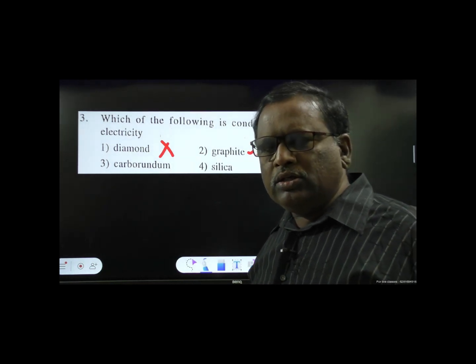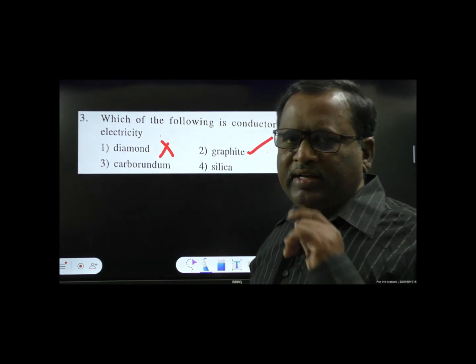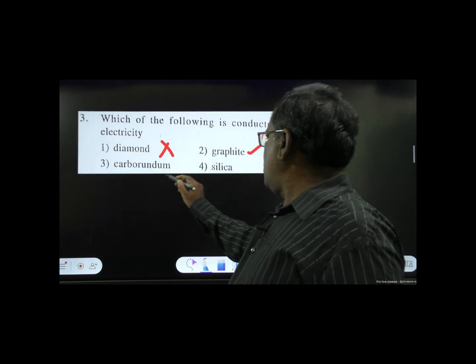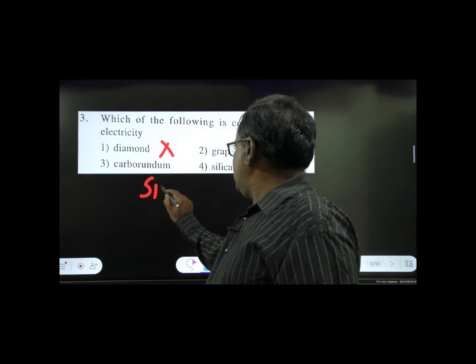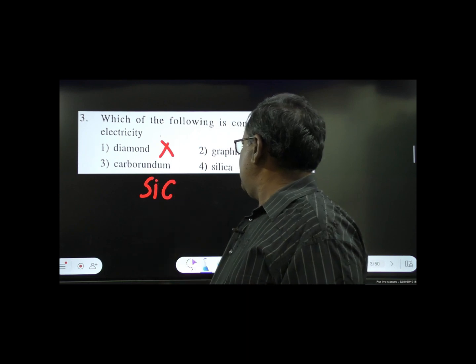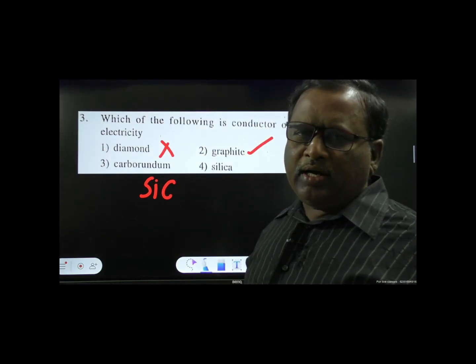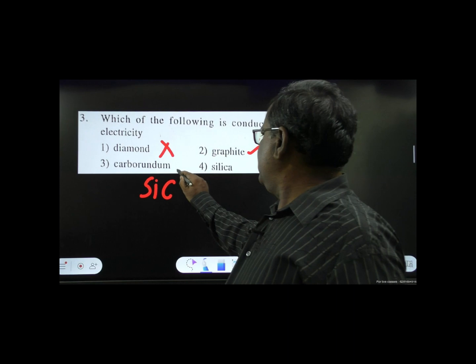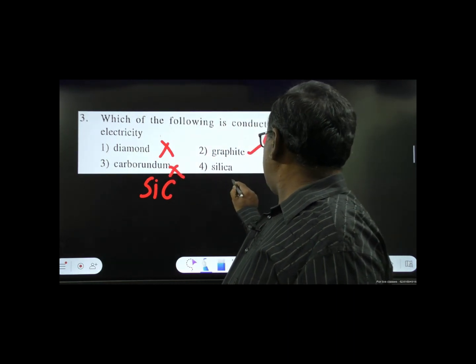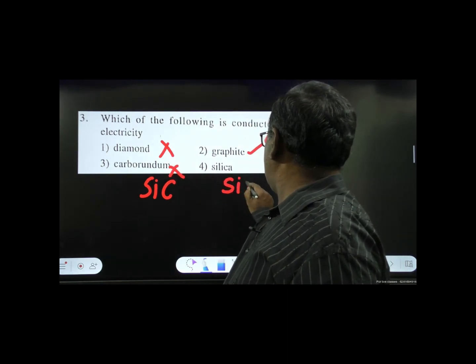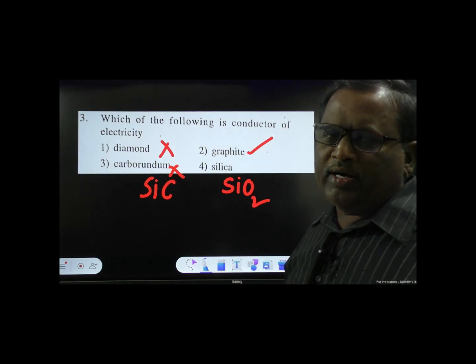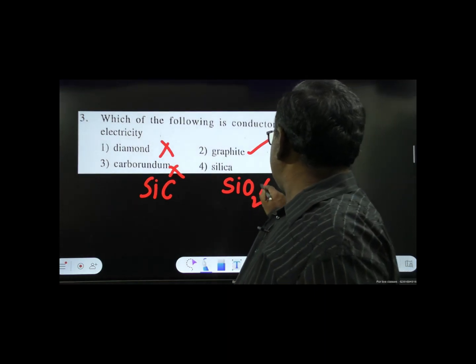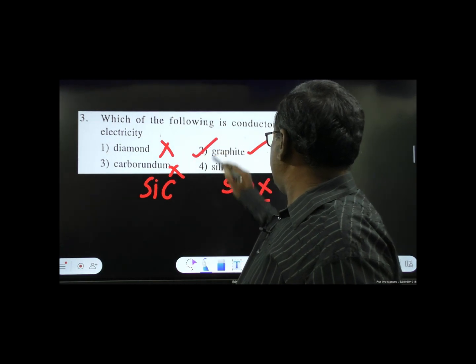In non-metals, only graphite can conduct electricity. Whereas carborundum means SiC, silicon carbide, is a covalent compound, it cannot conduct electricity. Silica, SiO2, is also a solid covalent compound, it is also unable to conduct electricity. So the correct option is graphite, second option.